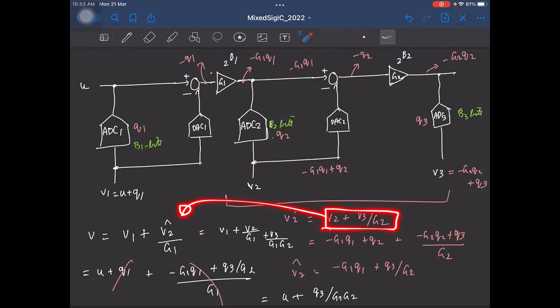I just took this portion, put it here. Okay. So from this, can you say how the output of the n-step converter will look like? I mean, here, first ADC is V1. Second ADC's output is scaled by the gain that you are adding here. Third ADC's output is getting divided by the gains it sees before.